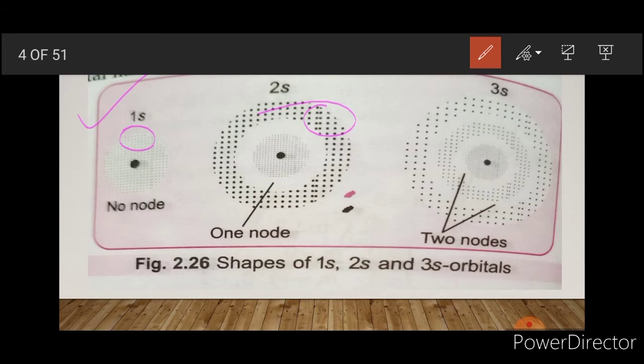We have not studied about the wave function yet. 1s orbital has no node, whereas 2s orbital has one node. And the probability density variations are shown in terms of electron in this diagram.